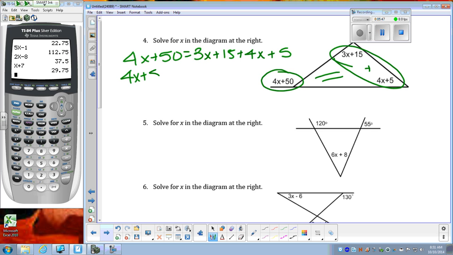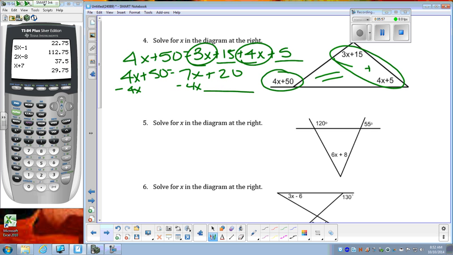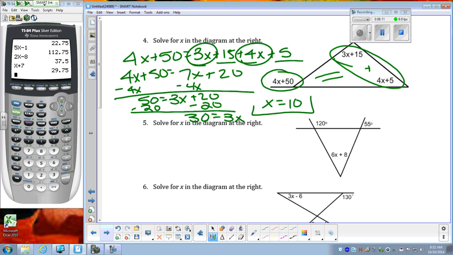So 4x plus 50 has to equal 7x plus 20. Subtract the 4x. Subtract the 20. 30 equals 3x, so I know that x has to equal 10.